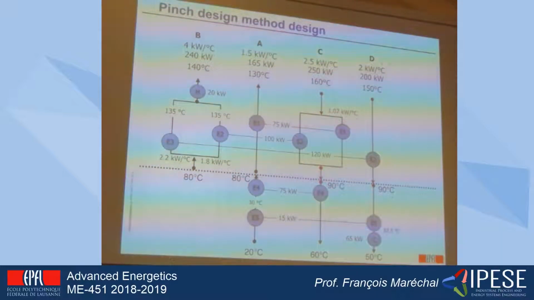And when I'm applying the minimum number of units rule that I have calculated, which is telling me that the minimum number of heat exchangers is the total number of streams minus 1, so 6 minus 1 makes 5, plus the number of streams crossing the pinch, so 1, 2, 3, minus 1.